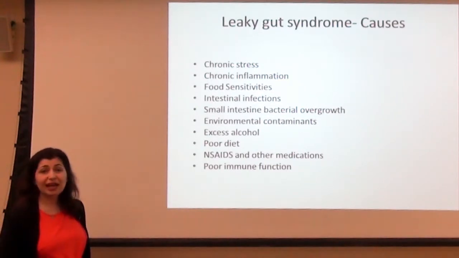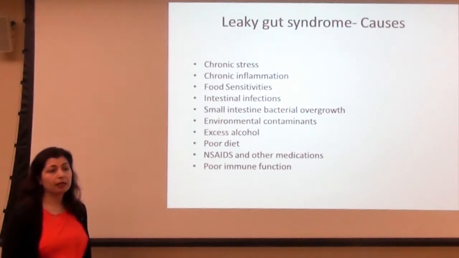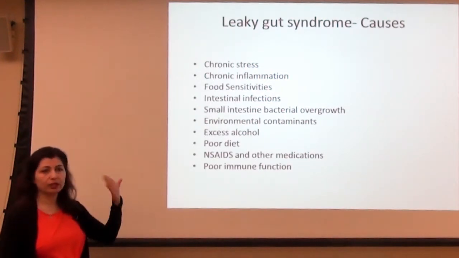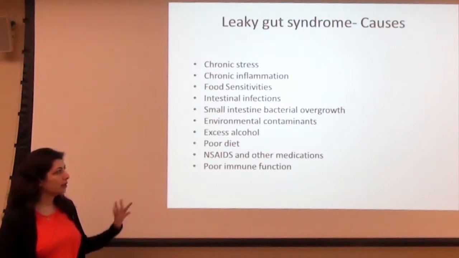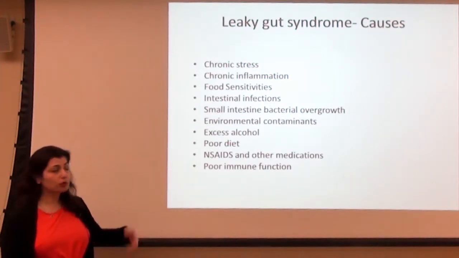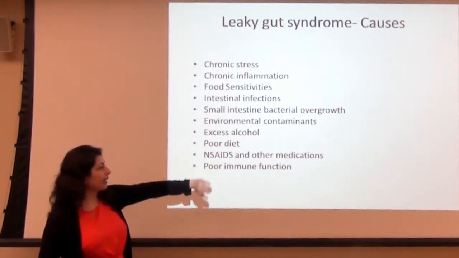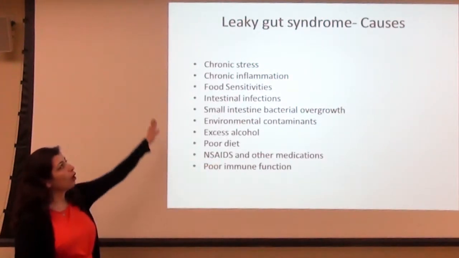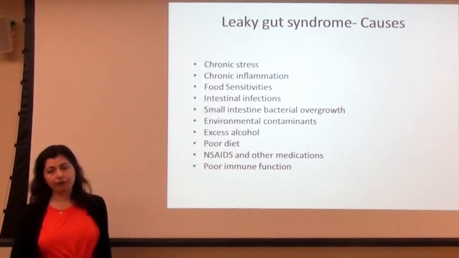This could be pesticides, it could be growth hormones, could be any chemicals that we ingest. That is a contaminant. Excess alcohol, poor diet like processed foods, aspirin, other medications, and poor immune function. All of this can damage the lining of the gut.